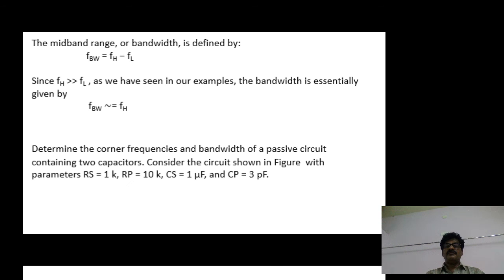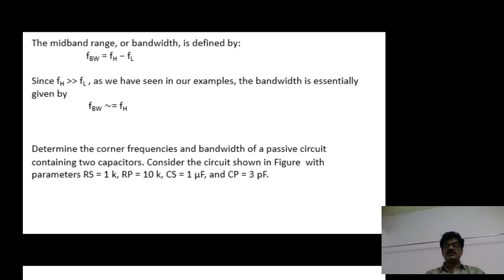The bandwidth is FH minus FL, but the higher cutoff frequency is far greater than the lower cutoff frequency. Therefore, the bandwidth is approximately equal to FH. So that is about the open circuit and short circuit time constants and corner frequencies.